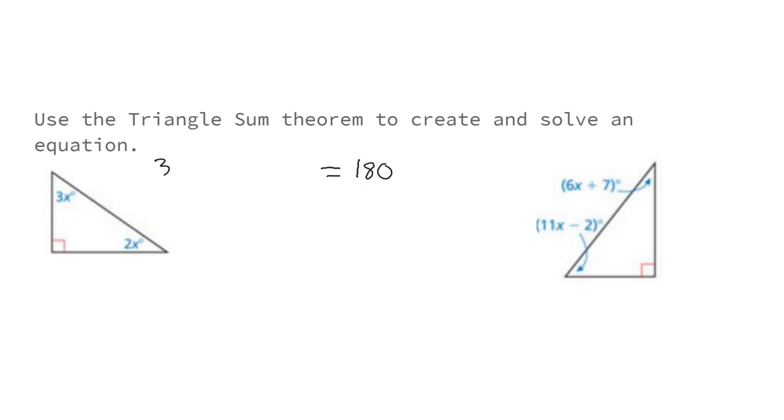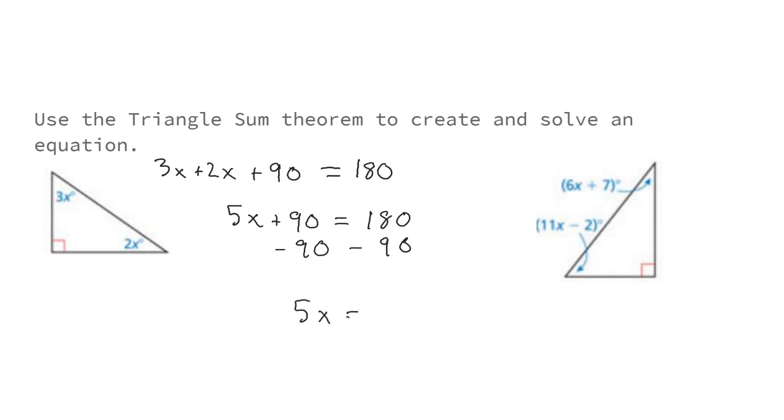So we would add 3x plus 2x plus 90. Combining like terms turns this into 5x plus 90. Subtracting 90 from both sides gets you 5x is equal to 90.